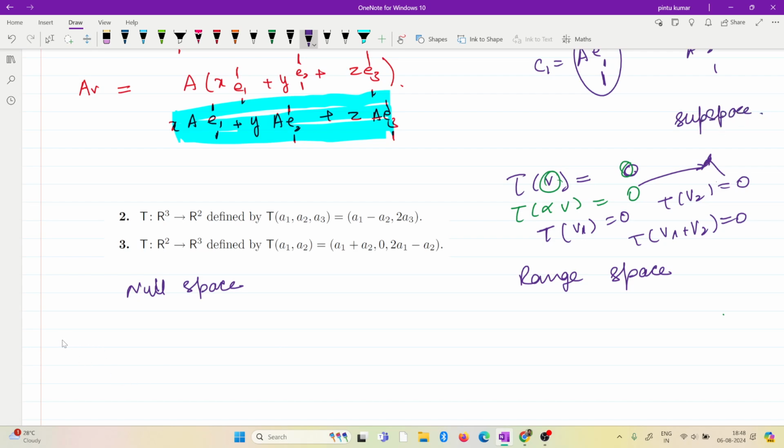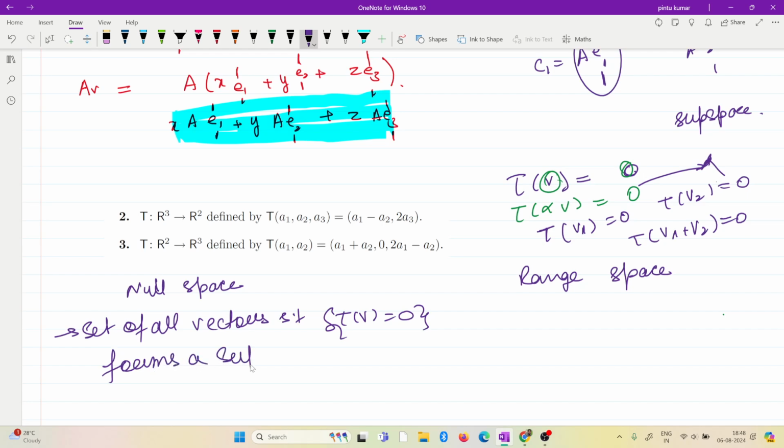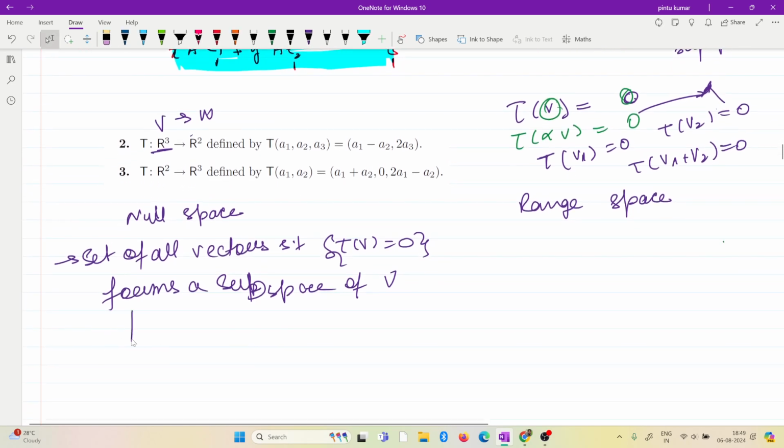What I mean is that the set of all vectors such that T of v is equal to 0 forms a subspace of V. Here, for a map from V to W, it will form a subspace of R3.